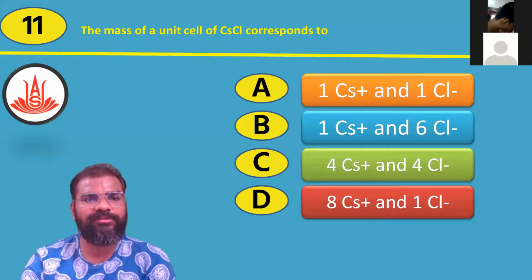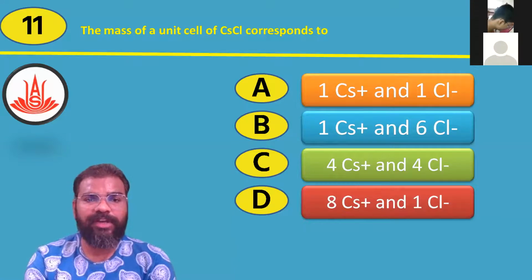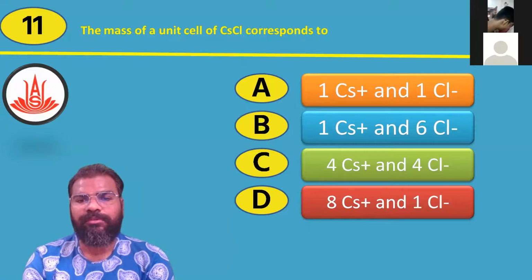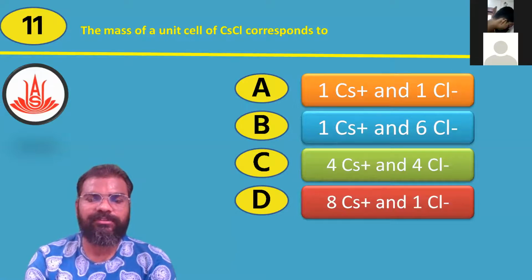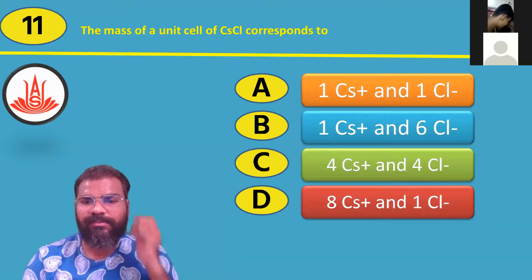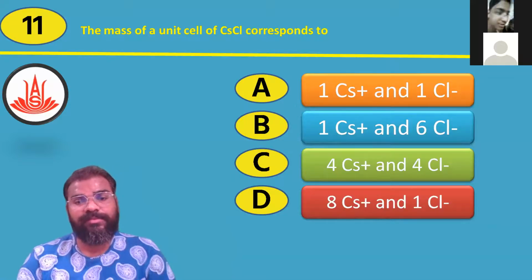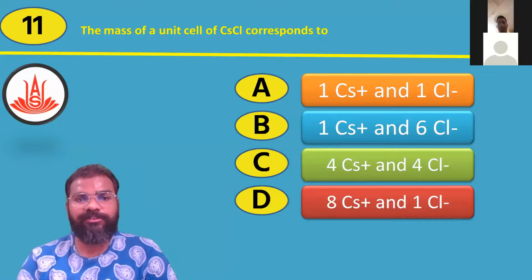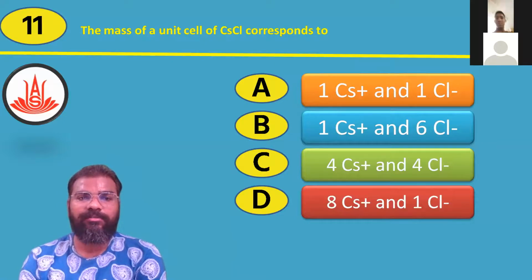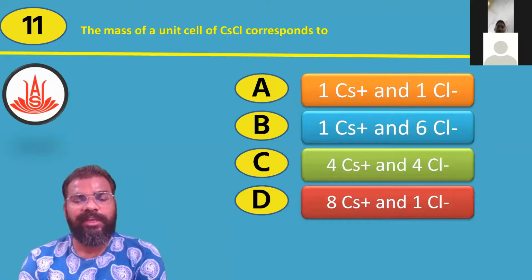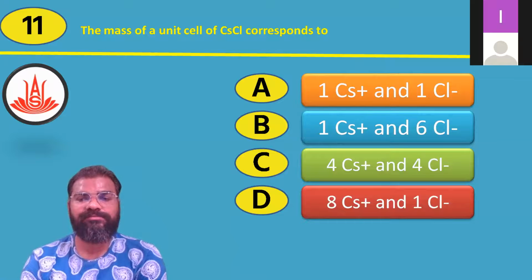The next question: the mass of unit cell of cesium chloride corresponds to: 1 cesium ion and 1 chloride ion, 1 cesium ion and 6 chloride ion, 4 cesium ion and 4 chloride ion, or 8 cesium ion and 1 chloride ion.